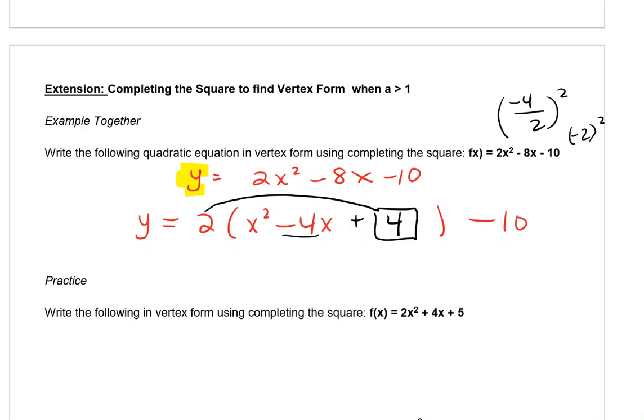So 2 times 4 really is 8. Now I can add the 8 to the left-hand side if I'd like. Some people will subtract it on the same side. That would be an alternate way of doing the same thing. Then I take this piece that I have here in blue and I factor it.